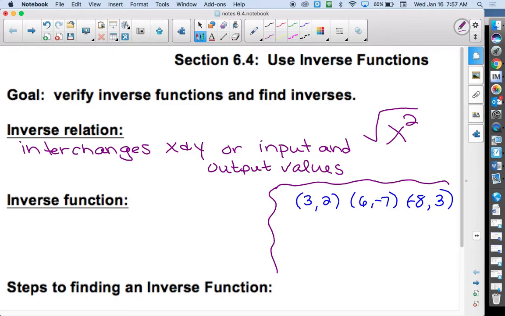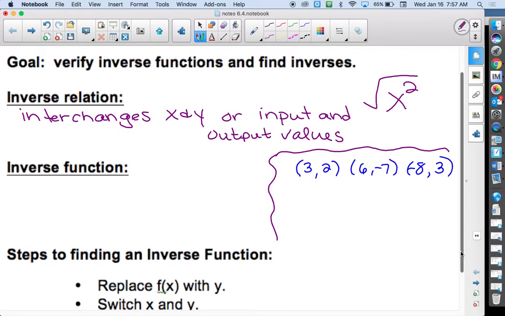A relation is anything that takes an x and pairs it with a y, or takes an input and pairs it with an output. That's a relation. So here we have a relation. I just picked 3 ordered pairs. To find an inverse relation, we're going to interchange the x and y, or we're going to switch the input and output values. And it's really that simple.